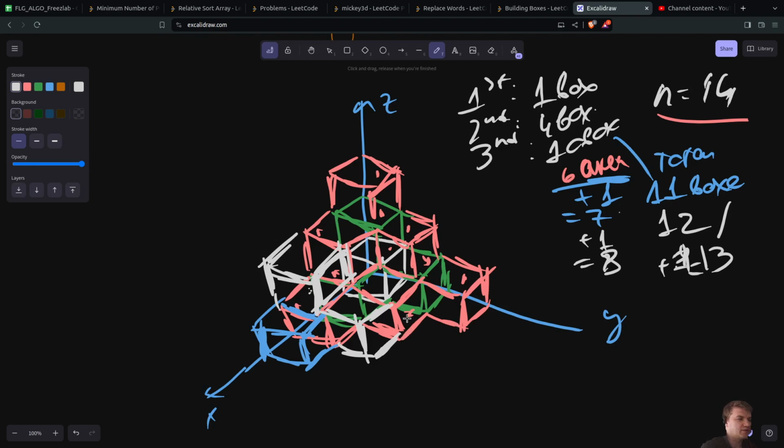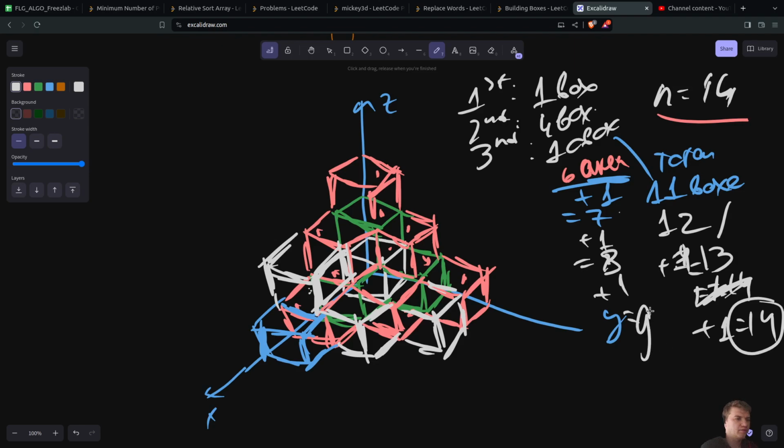So I'll start adding one box here. Yep, and there's going to be +1 here, 14, and +1 here. Okay, +1 equals 14 total boxes, and the area is going to be 9.